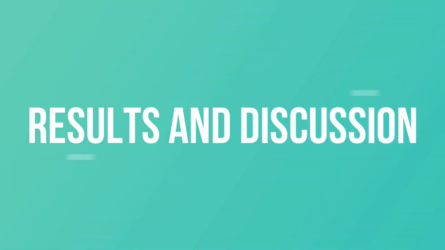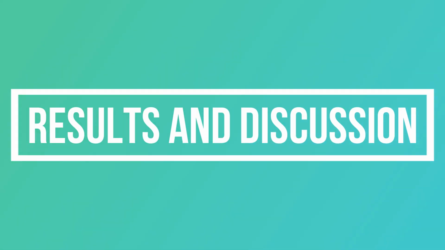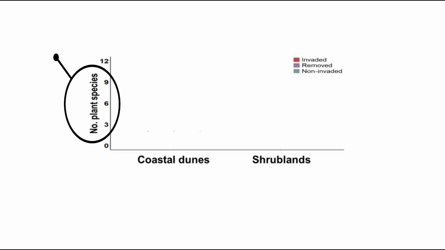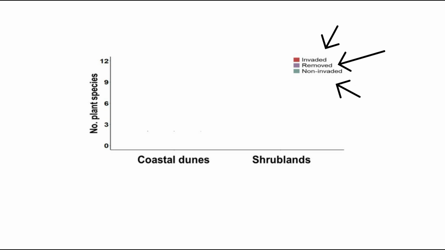And what about this analysis? Let's start with the number of plant species. On this graph, you are going to see on the left side the 3 plots, invaded in red, removed in violet, and non-invaded in green, of the coastal dune locations, and on the right side, the 3 plots of the coastal shrubland locations.